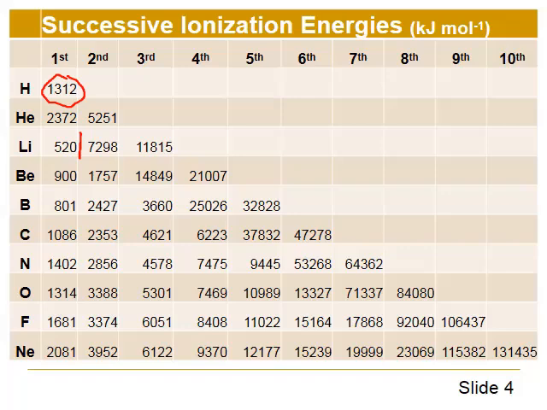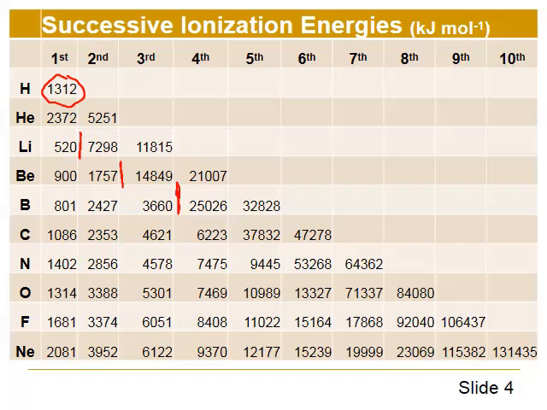Beryllium, 900, 1,700, and then 14 or 15,000. So for beryllium, there's a big jump after the second ionization energy, a big jump in price. For boron, 800, 2,400, 3,600, 25,000. So for boron, the big jump occurs after the third successive ionization energy.